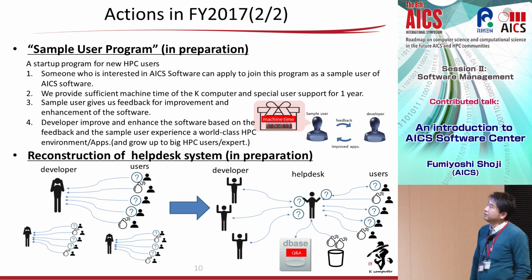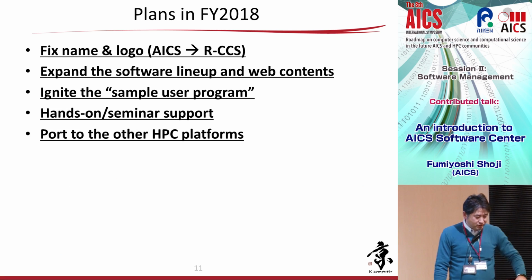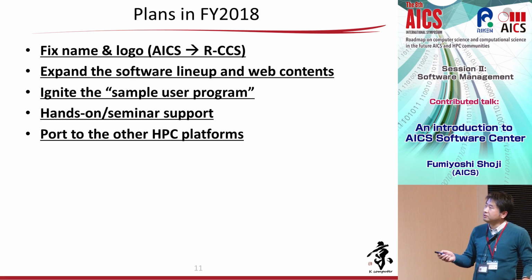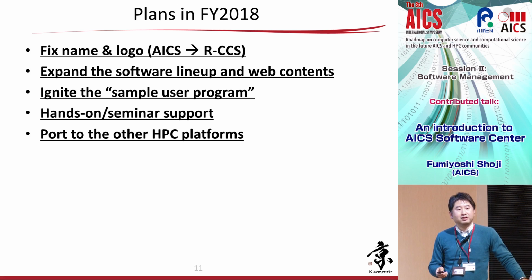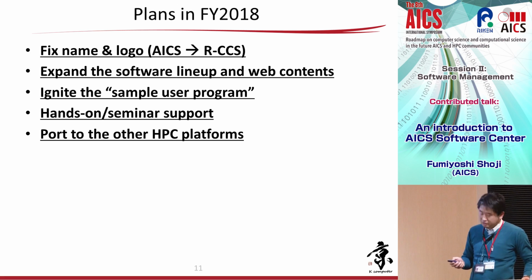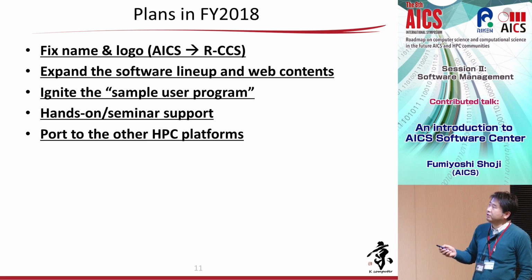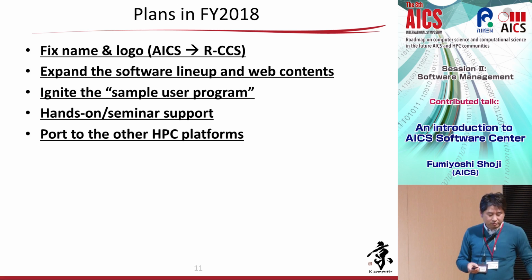We have a future plan for the next fiscal years. First, we have to fix the name and the logo. As I said, the current name is AICS Software Center, but AICS, the name of our center, will be changed to RCCS, so we have to consider the name and the logo.